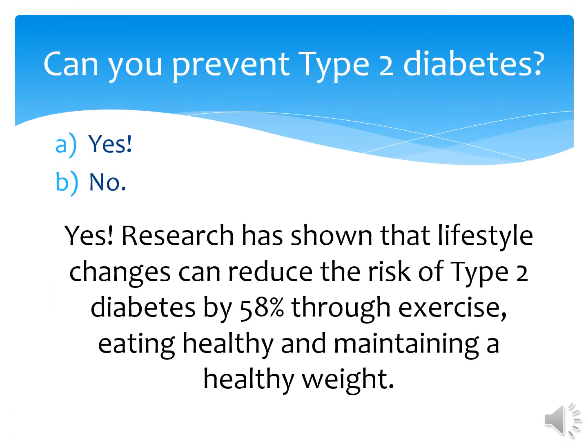Can you prevent type 2 diabetes? A, yes. B, no. The answer is yes. Research has shown with lifestyle changes, the risk of type 2 diabetes can decrease by 58% through exercise, eating healthy, and maintaining a healthy weight.